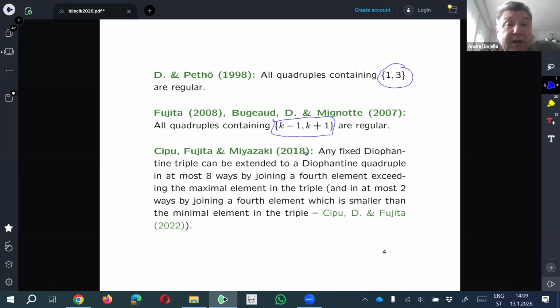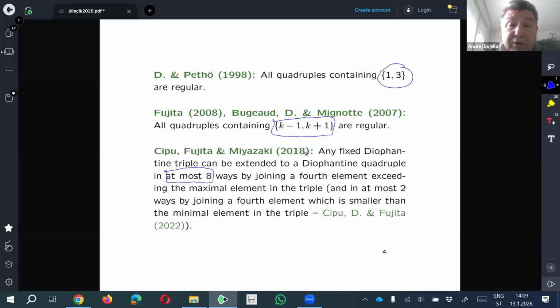So if we start with a triple, in how many ways can it be extended to a quadruple with a larger element? The best result at the moment is that there are at most 8 ways. This is a result due to Cipu, Fujita, and Miyazaki.